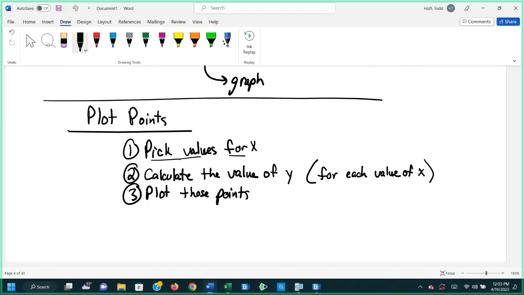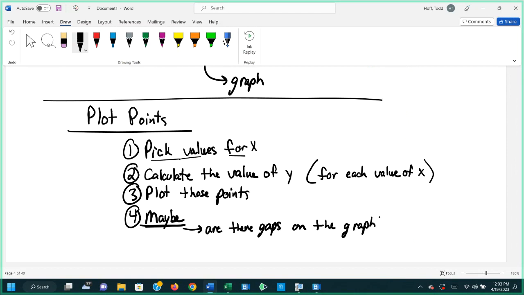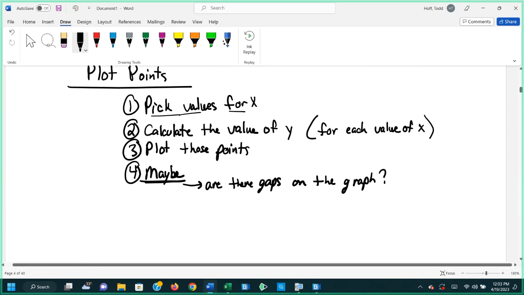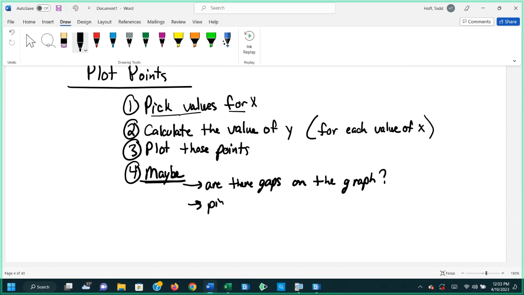What we do from here can get a little bit wishy-washy. So step 4 is a maybe. And that maybe is hinged on, are there gaps between the points, or gaps on the graph? If there are gaps on the graph, we figure out what values of x would fit into those gaps, and we might pick more values of x to fill in those gaps.